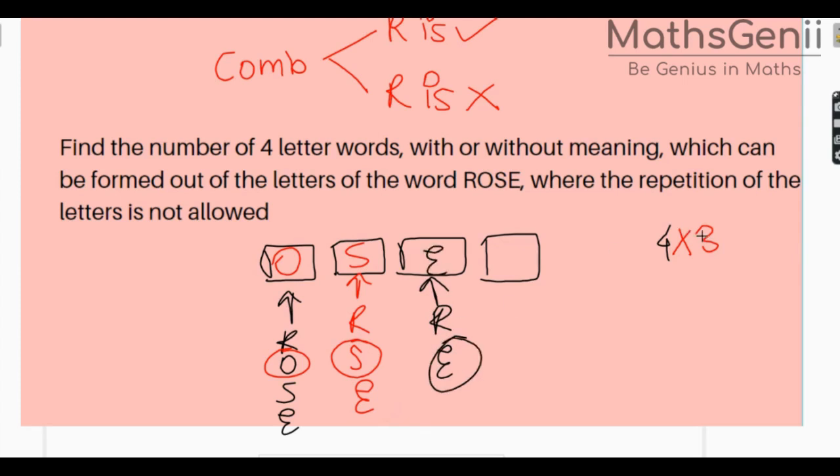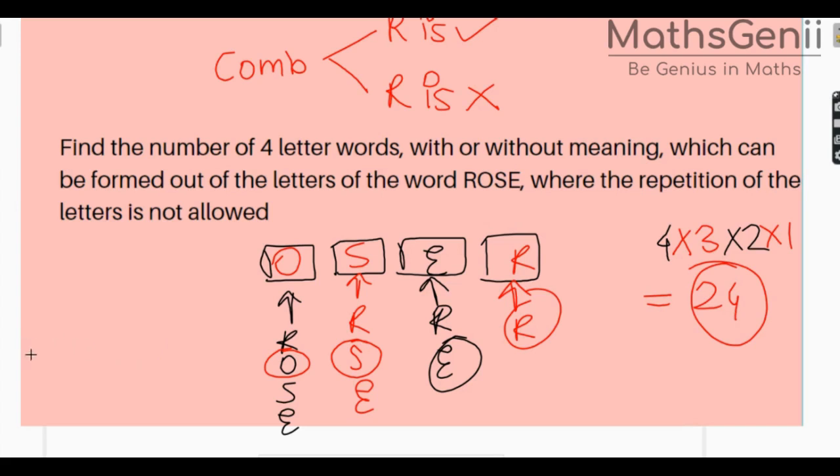Now for the last box, how many options do you have? Only R, so you have only one option. So the answer to this question is 4 times 3 is 12, 12 times 2 is 24. So without repetition, the number of choices that you have is 24.